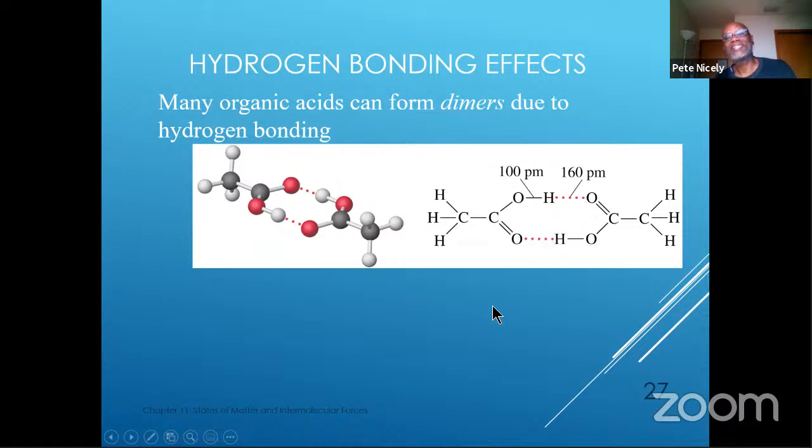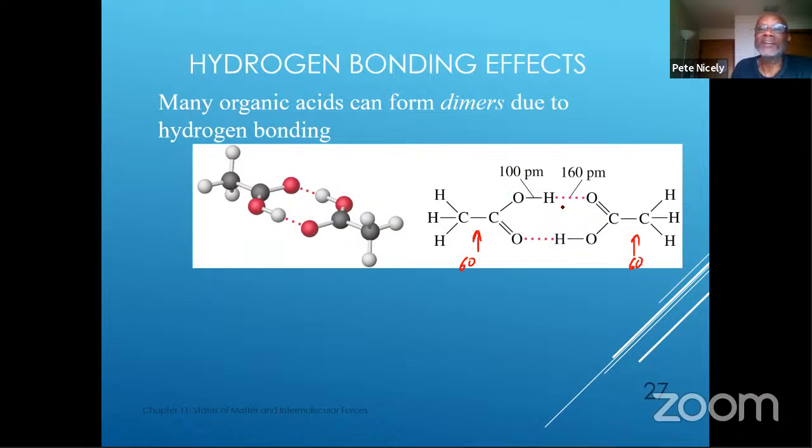If you take pure acetic acid, there are experiments that have been done on pure acetic acid to show that the molar mass of pure acetic acid is about 120. The reason is that the actual molar mass of one acetic acid molecule is about 60, right? So for this, it's about 60, and for this molecule, it's about 60.